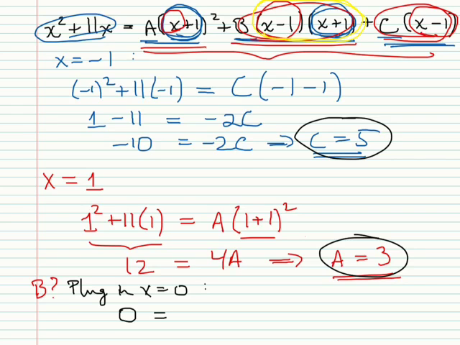On the right-hand side, we've got a, which is 3, times 0 plus 1 squared. I'll write it all out, so we're just following along the top line and plugging in x equals 0. So we've got a is 3 times 0 plus 1 squared.